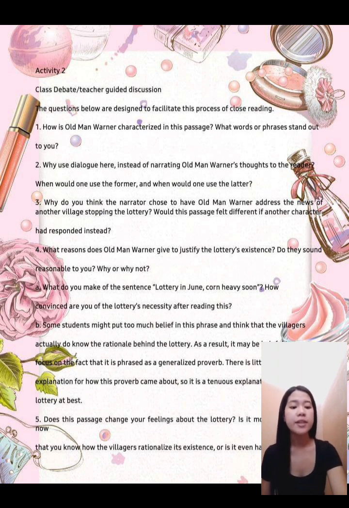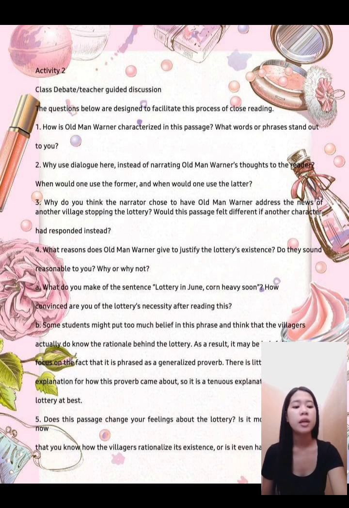What do you make of the sentence "Lottery in June, corn be heavy soon"? How convinced are you of the lottery's necessity after reading this? Some students might put too much belief in this phrase and think that the villagers actually know the rationale behind the lottery.